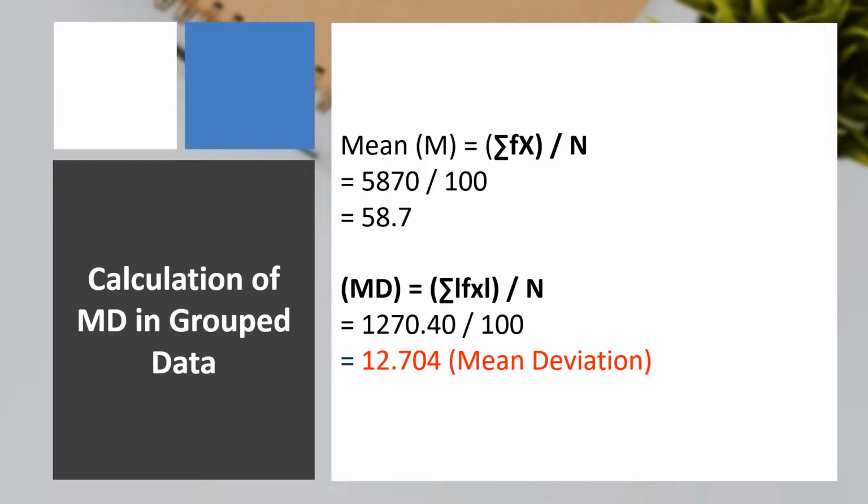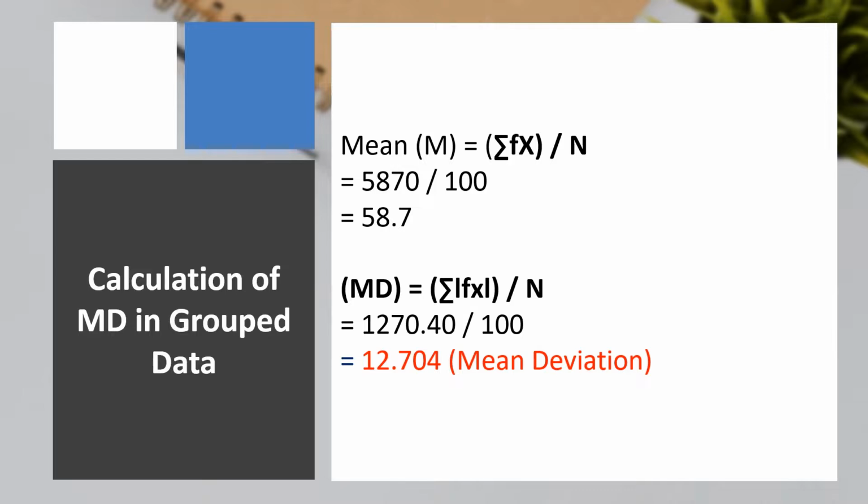So here you have to just subtract the calculated mean from the midpoint, that means 14.5 minus 58.7, then again 24.5 minus 58.7. Accordingly you can calculate the deviations, because the mean here is 58.7.